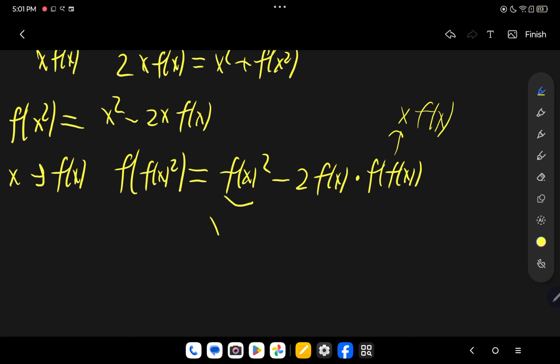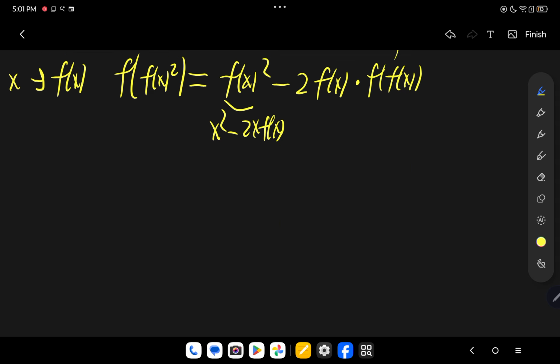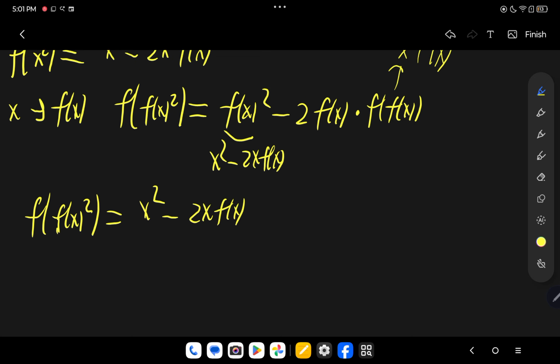And this is equal to x square minus 2x f(x). So if we simplify this, we get f(x) square is equal to x square minus 2x f(x).